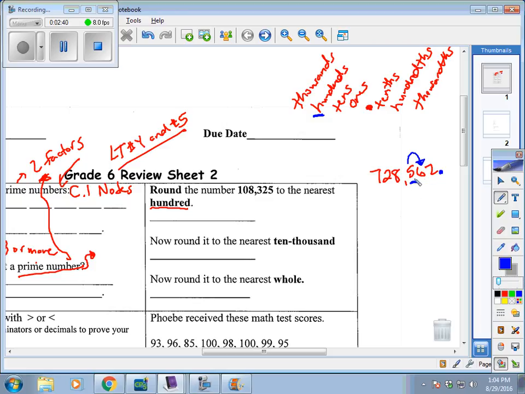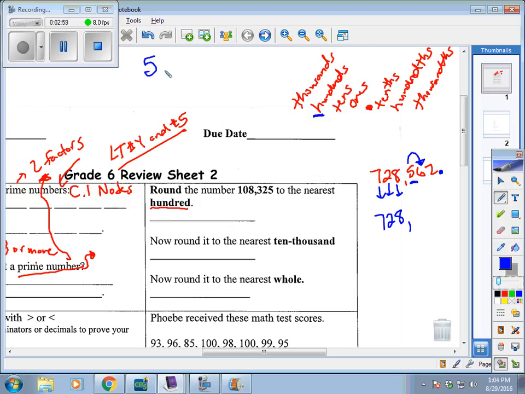The number to the right is going to tell me what that 5 is going to do. Everything to the left is going to stay the exact same. Nothing changes with that. The only thing that's going to change is the number where I'm rounding and to the right of where I'm rounding. So when I look at that 5, I look over to the 6 for a little bit of help. Now remember the rules.